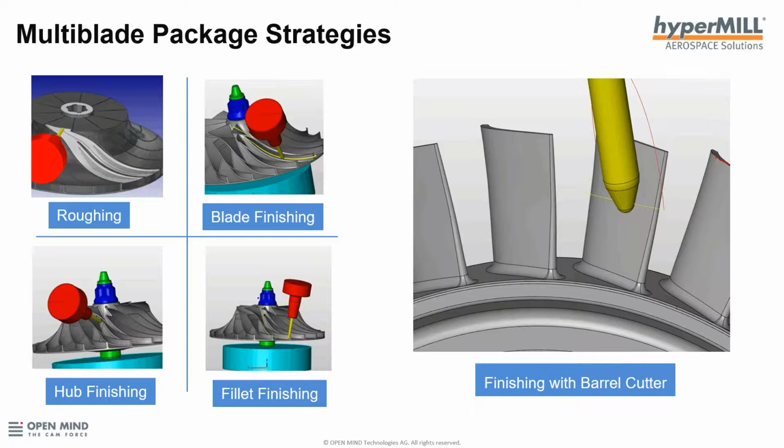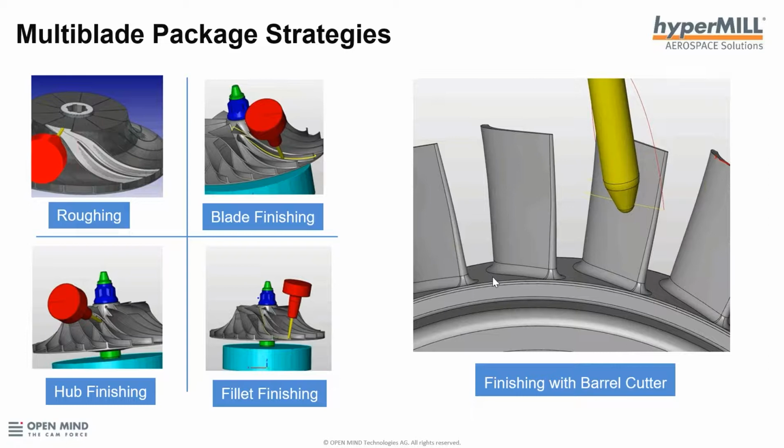So starting with the strategies for roughing, finishing of the blade, whether it can be point milled or flank milled, and finishing of fillets and hub. A lot of time savings is possible when using strategies like the tangent milling feature for finishing of the blades that are point milled. Here's an example we're showing, which is showing the finishing of the blade using barrel cutters on a blisk.